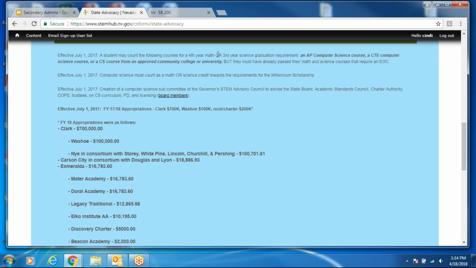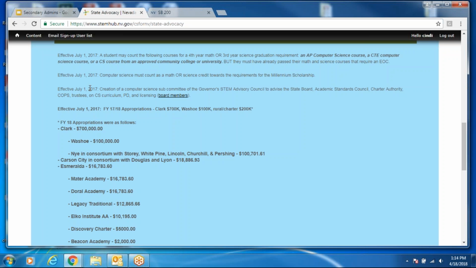But before they can count this upon graduation, they must have already passed their math and science courses over the course of their high school that required an EOC, an end-of-course exam. That's very important. In other words, if they haven't passed algebra and geometry, for example, they should not be counting AP Computer Science as another fourth math credit.